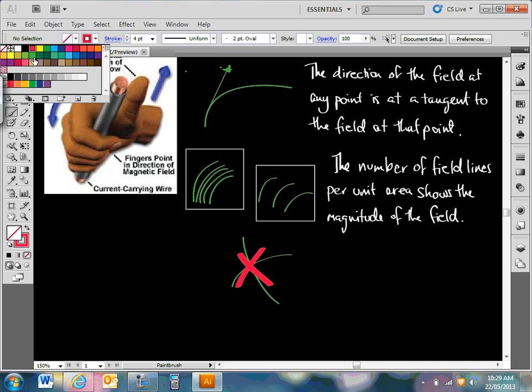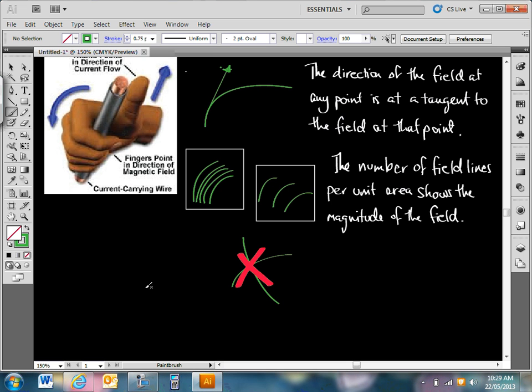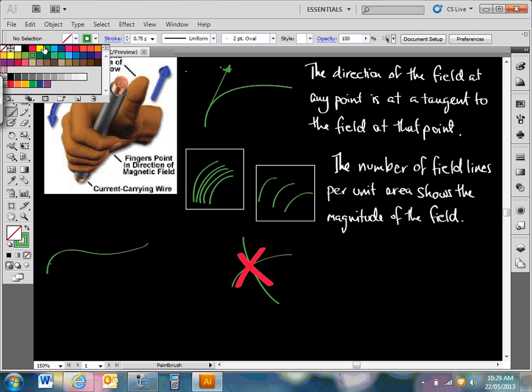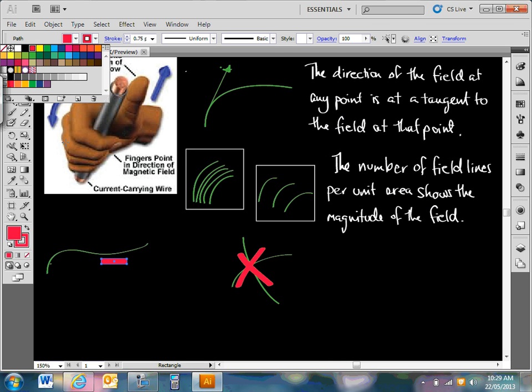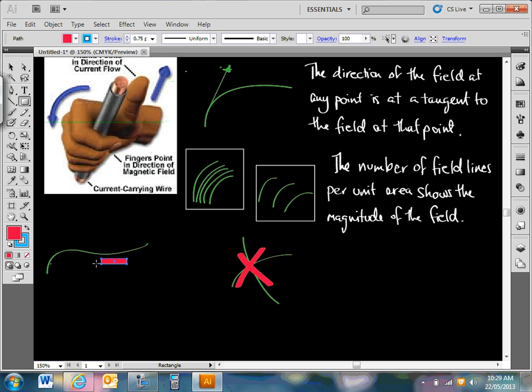And one more thing. If I have a field and I want to know the direction of the field, I have to put a magnet there.